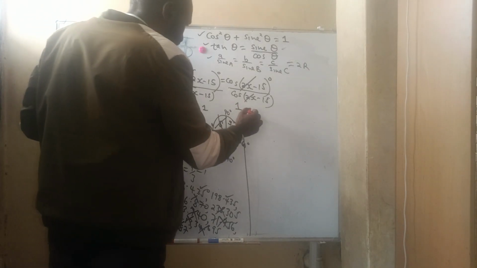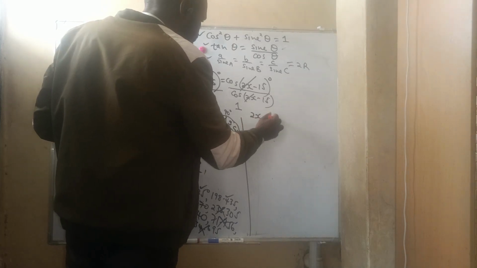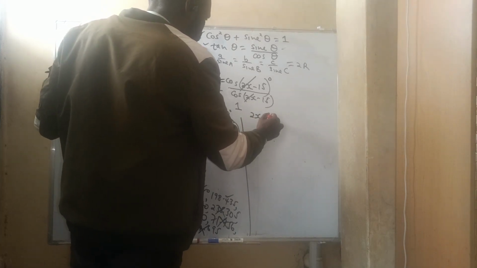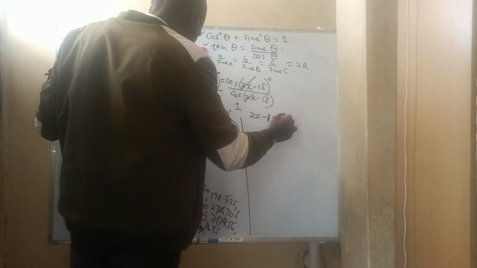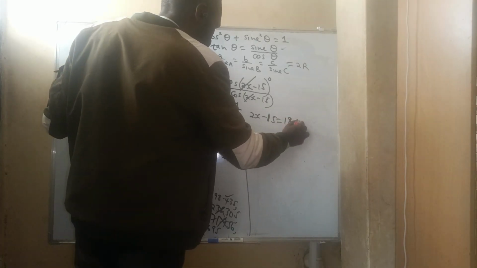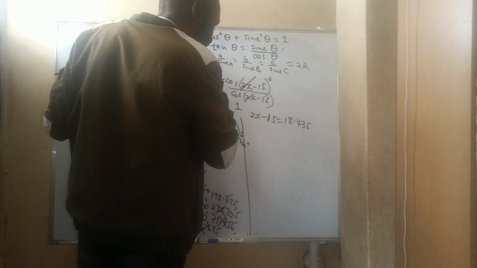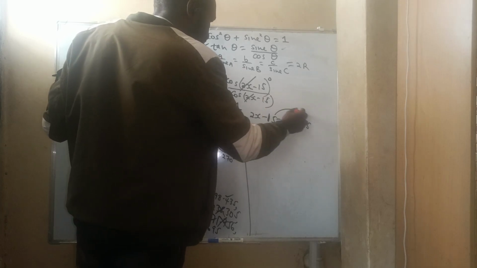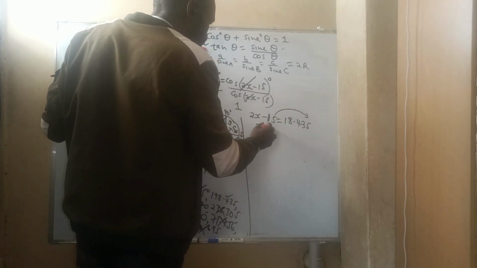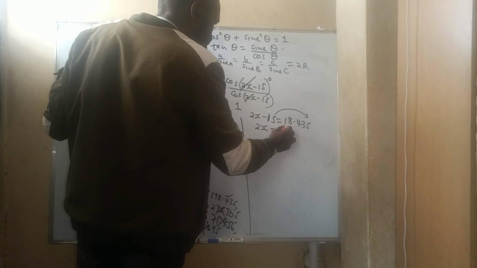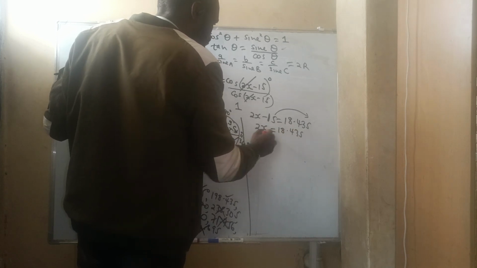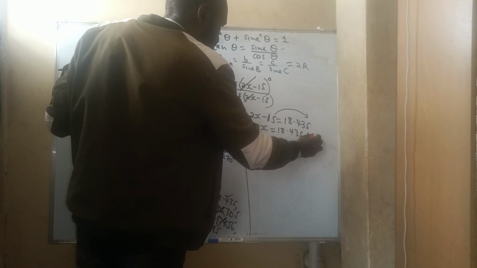So we can come here and say 2x minus 15 should be equal to 18.435. So we shall do this. We shall take 15 on this side. So we shall have 2x equals 18.435 plus 15.